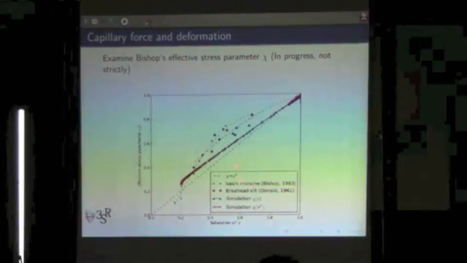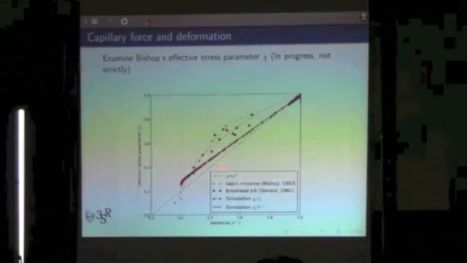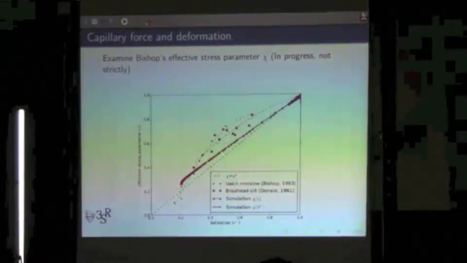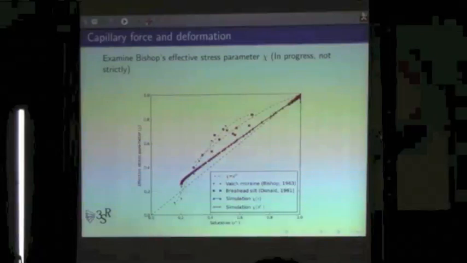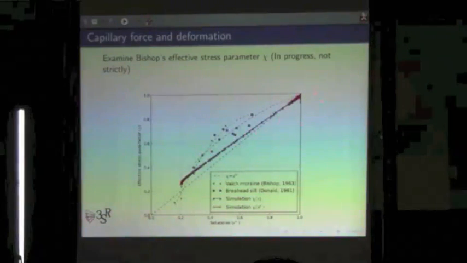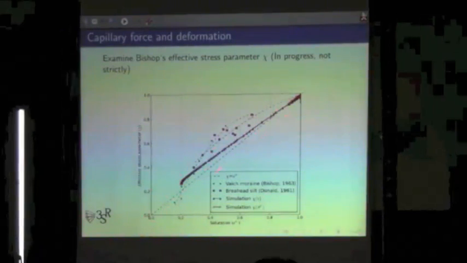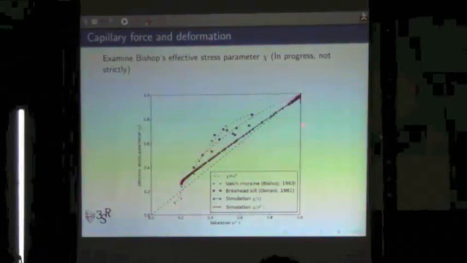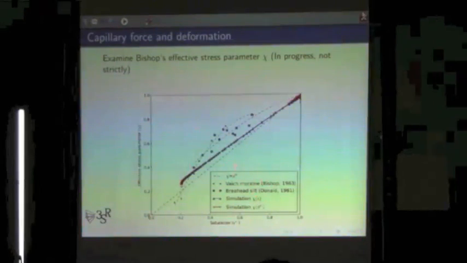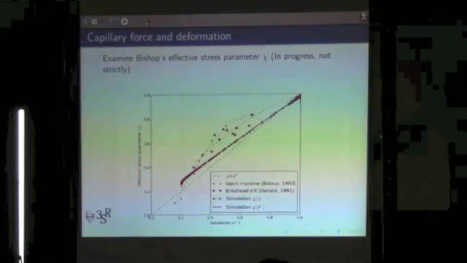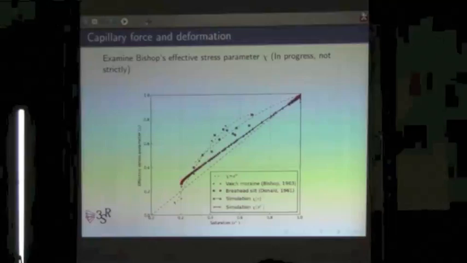With the two methods, they're close, which is expected because it's supposed to be the same in very good conditions. But we can see all the chi is above the straight line. So it's corresponding to the experiment by Bishop and Donald, which means the soil types are marine clay and silt. So we think the model can be suitable for those two kinds of soil.